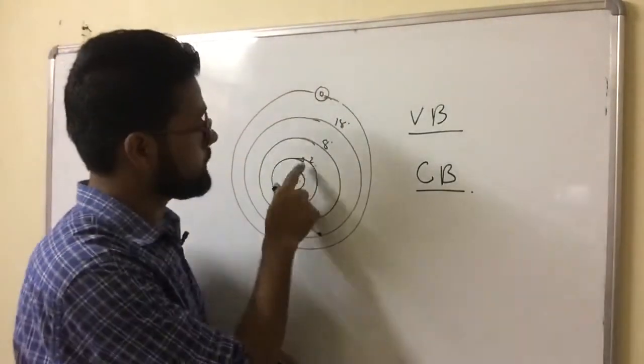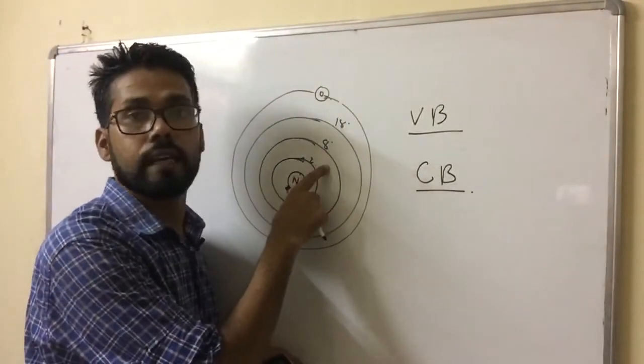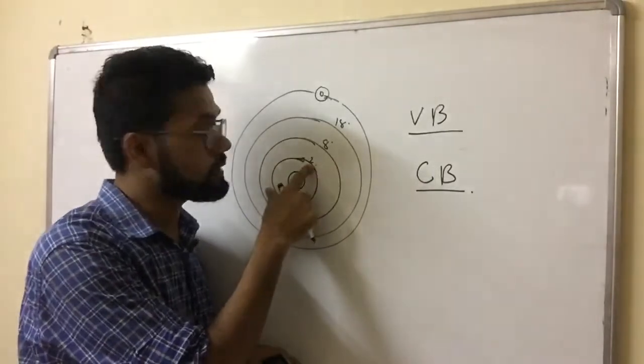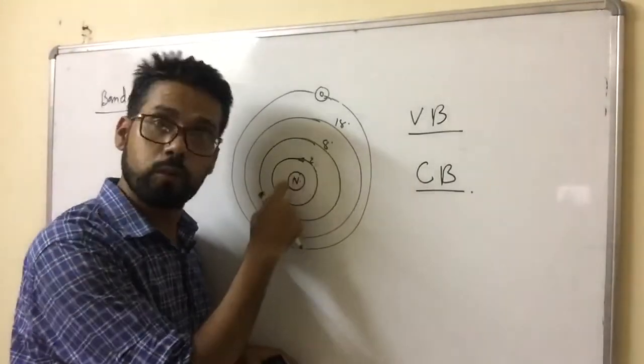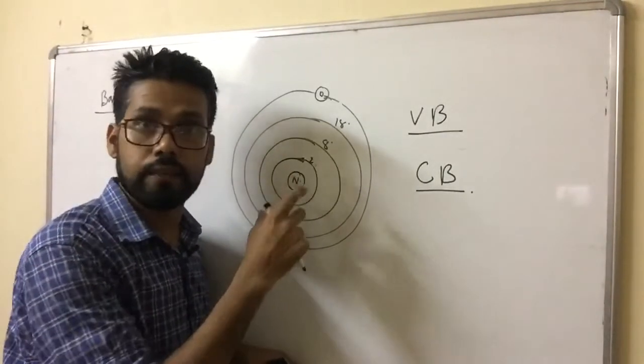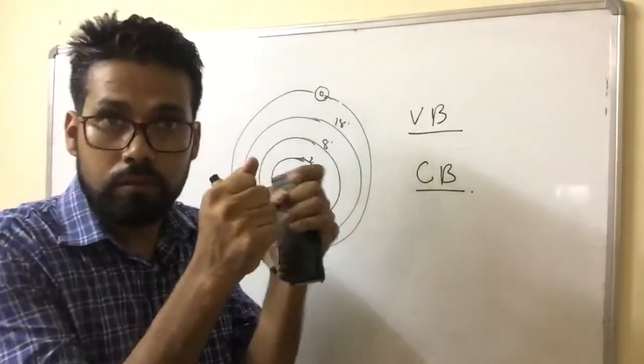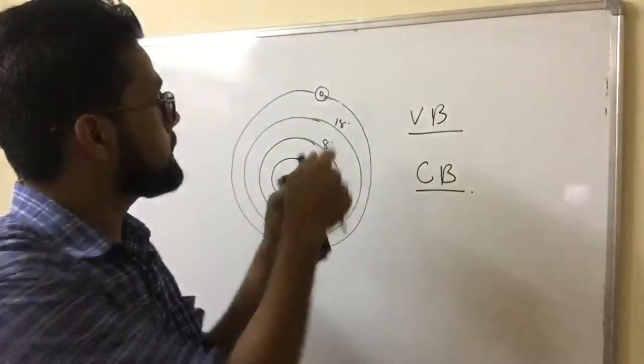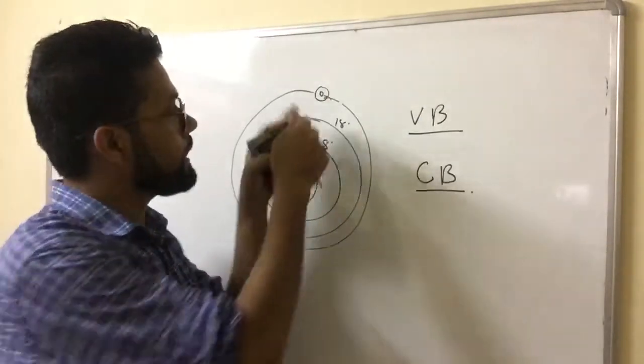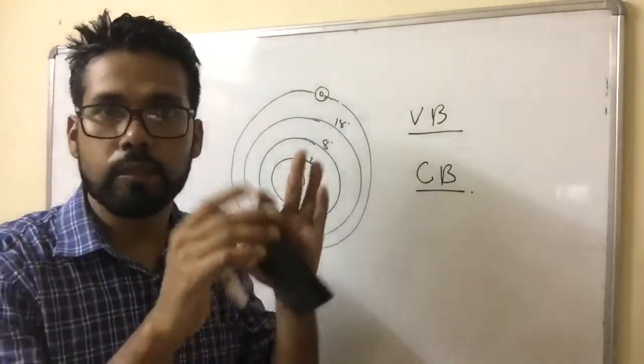And these inner electrons are normally not free electrons. Why? Because the 2 and 8 electrons are very close to the nucleus, and the shielding effect is very high, so they are tightly bound, while this one is loosely bound. So this electron is almost considered free.